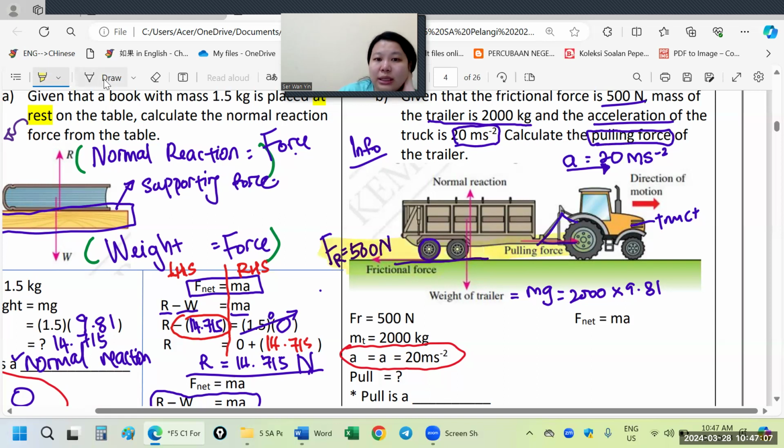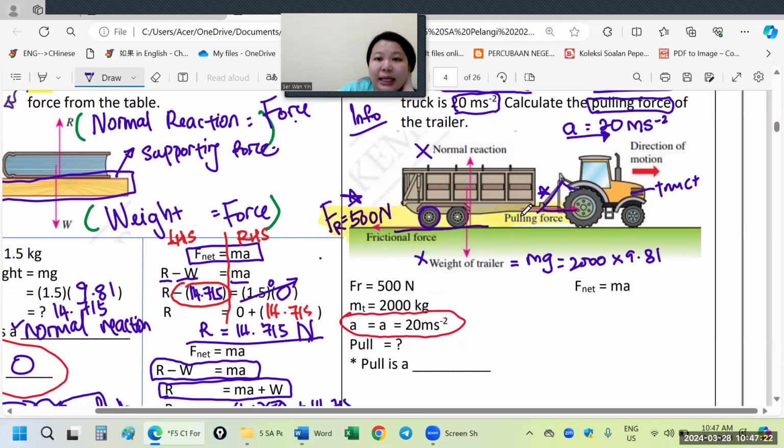So actually we just count these two only. They didn't ask about normal reaction and weight of the trailer, so we just ignore them. Horizontal force only. When they are in parallel form, frictional force like this, pulling force like this, we can only sum them up in parallel form.